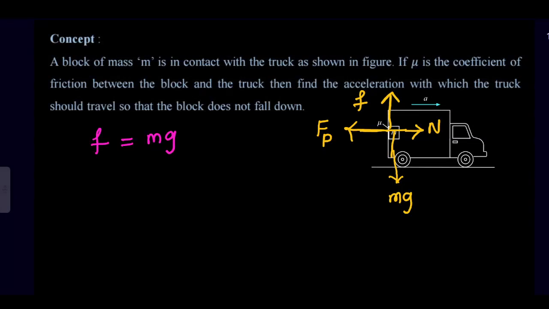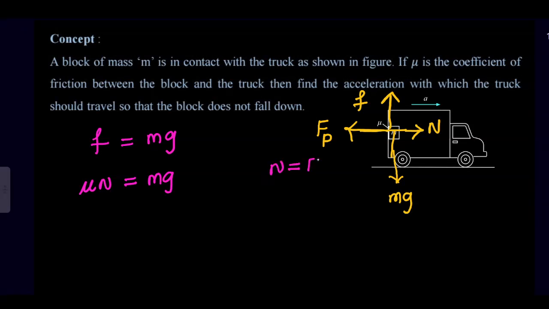And what is the frictional force? Here, friction is equal to mu into N. Mu into N is equal to what? Mg. Right. N is the normal reaction. How much is the normal reaction in this case?